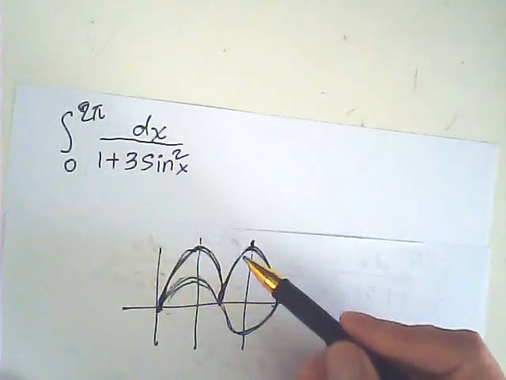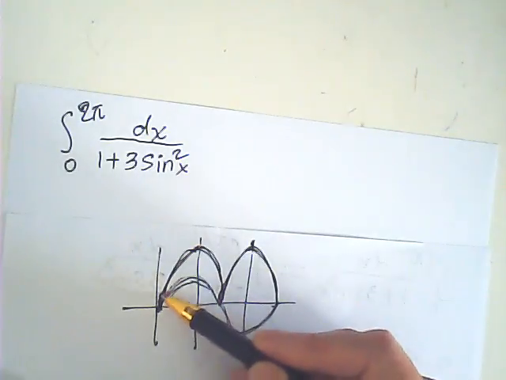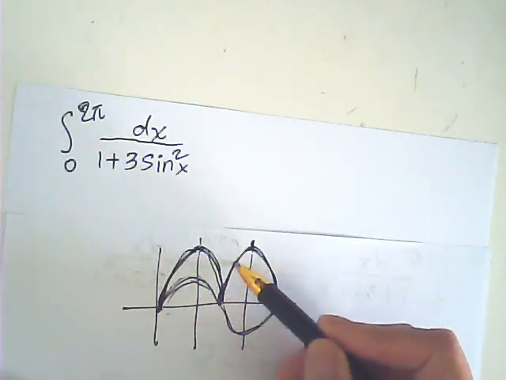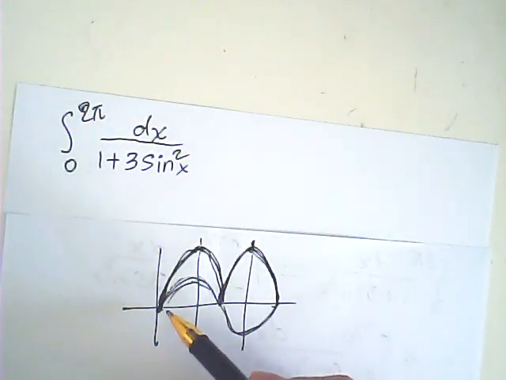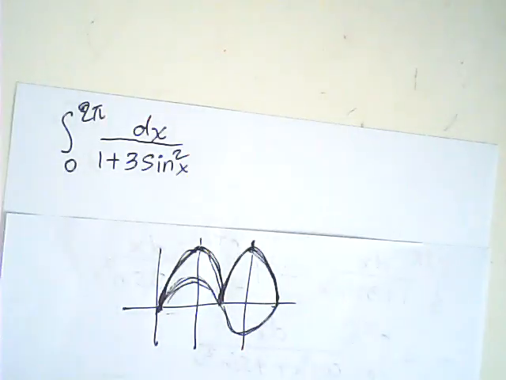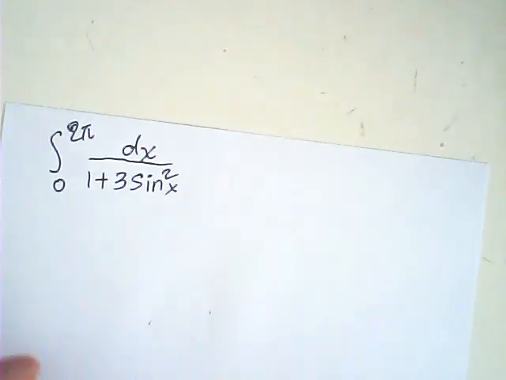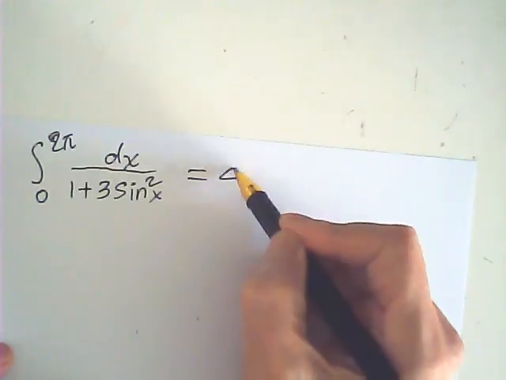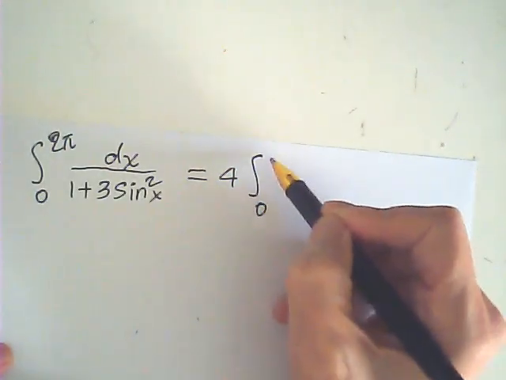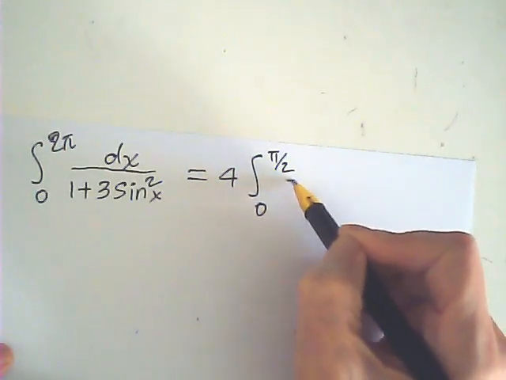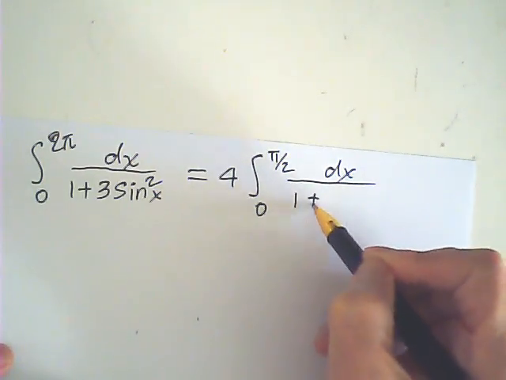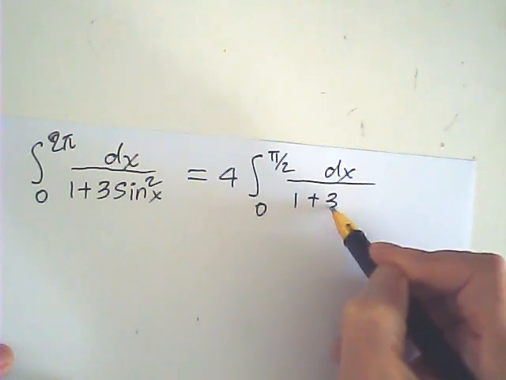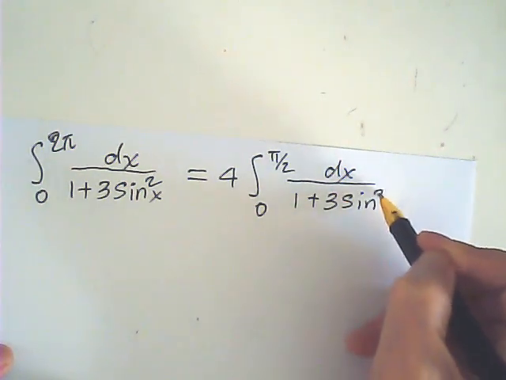So in other words, I can consider the sine square function as four parts, each of which is from 0 to half pi. So this one becomes 4 times the integral from 0 to half pi of dx over 1 plus 3 sine square x.